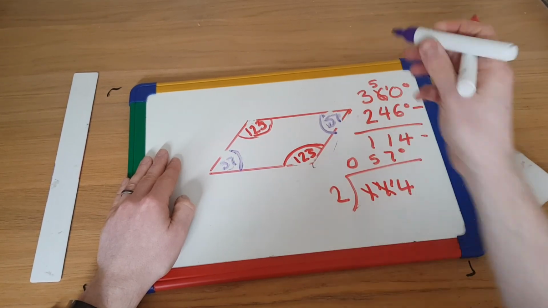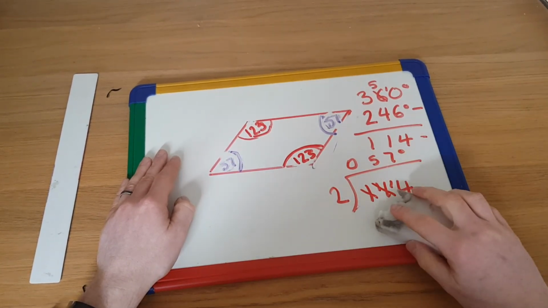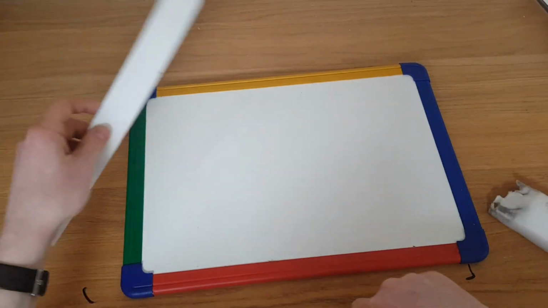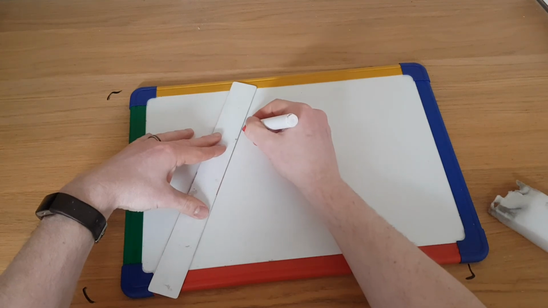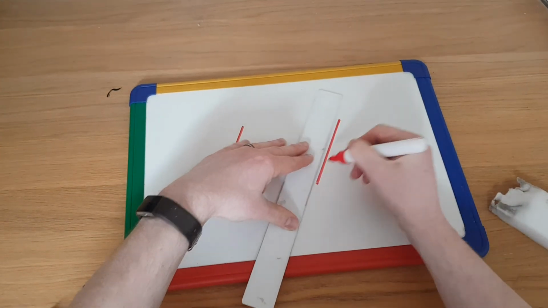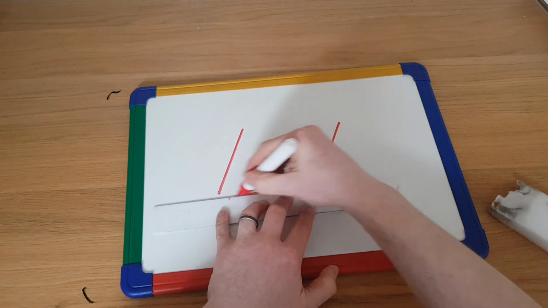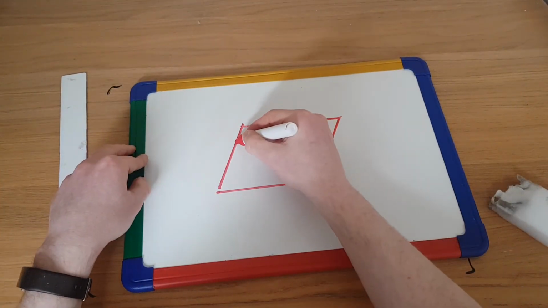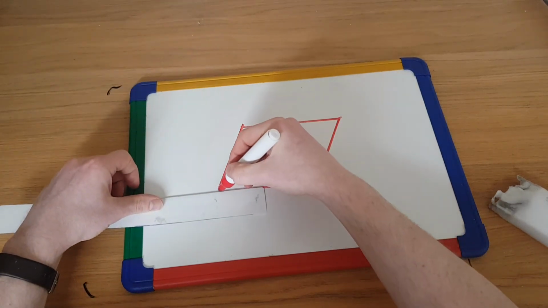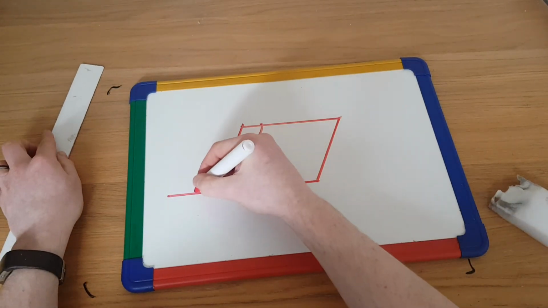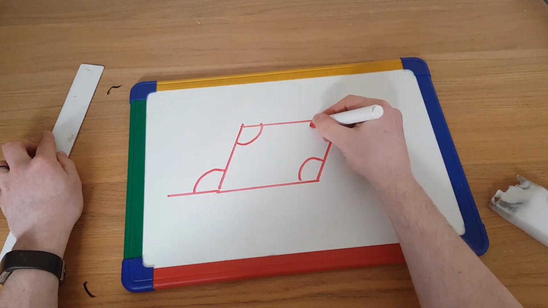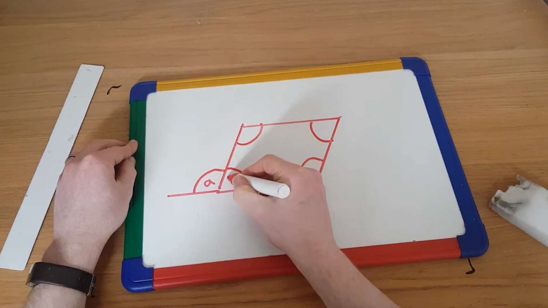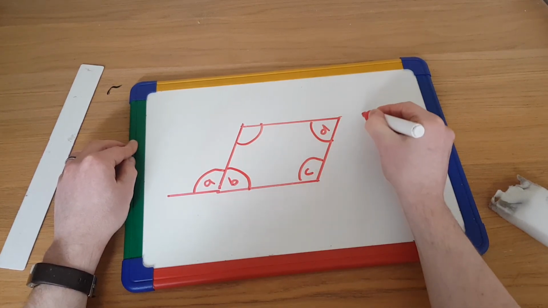Okay, so if you know that, put your answers in the comments on Google Classroom, and see if you can work out what A, B, C and D equal.